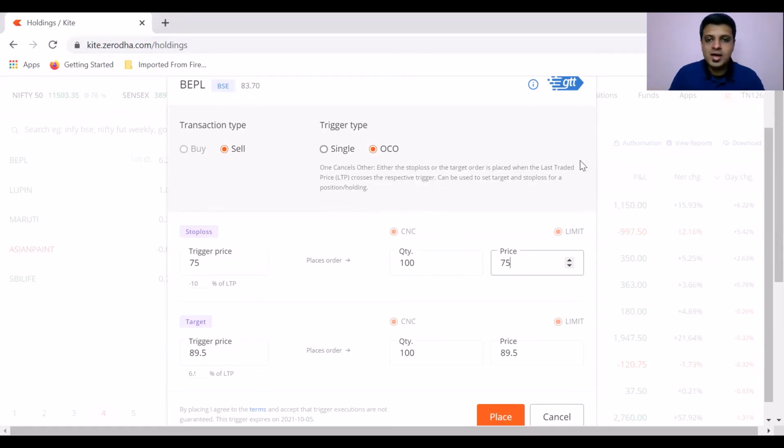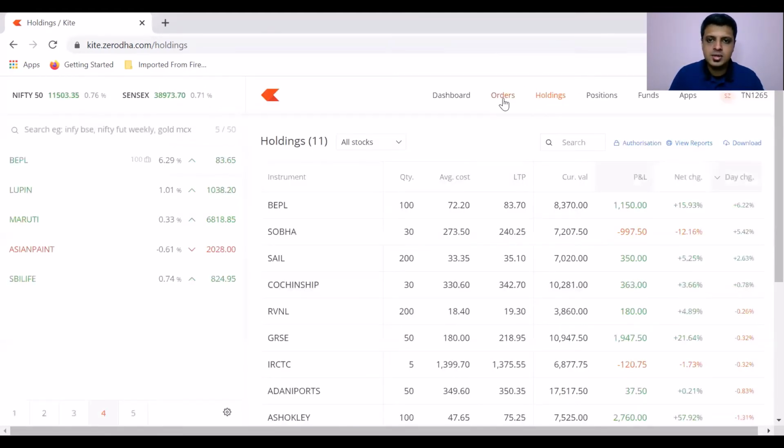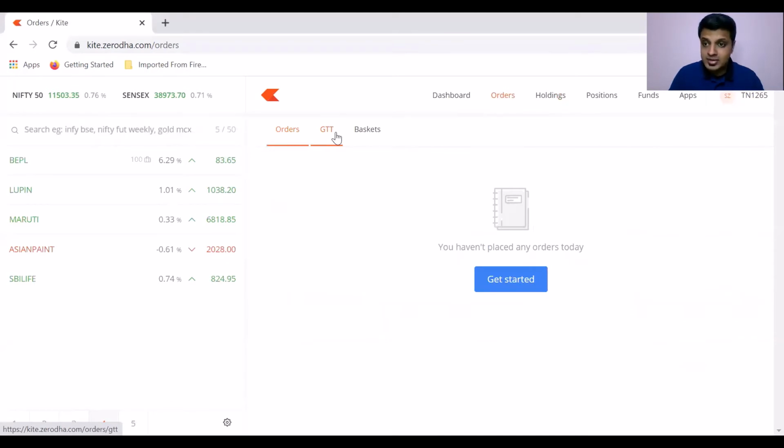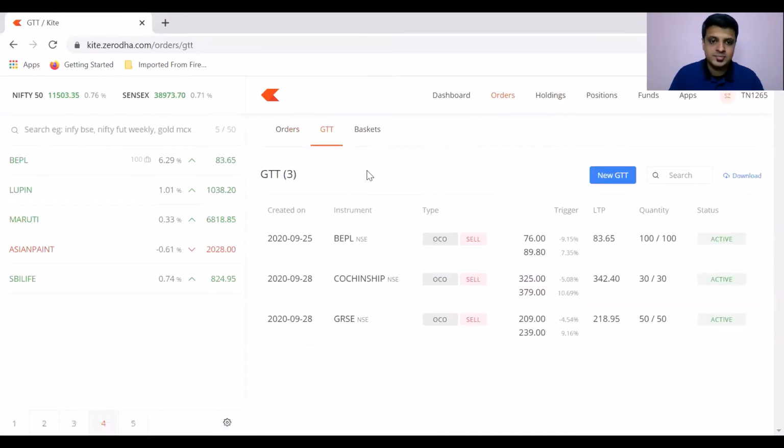If I were to enter this, once I place that order, it will look like this on my GTT. I go to GTT under orders, and you can see that first of all, the name of the share is an OCO, one cancels the other. It's a sell order that I've placed, and it shows the stop loss price and the target price.